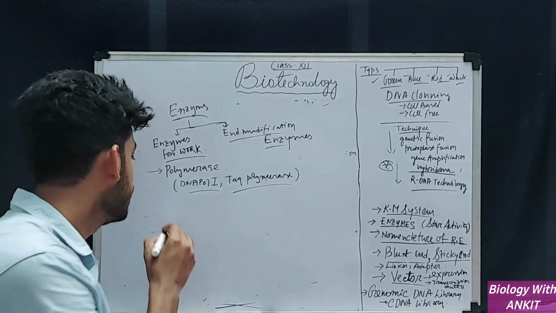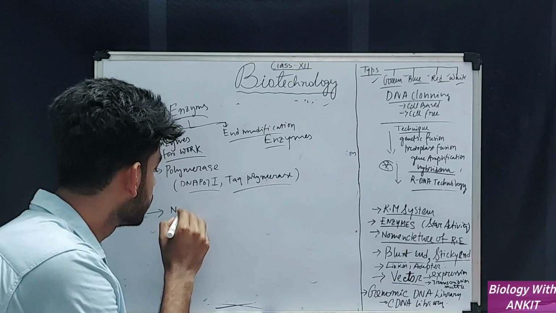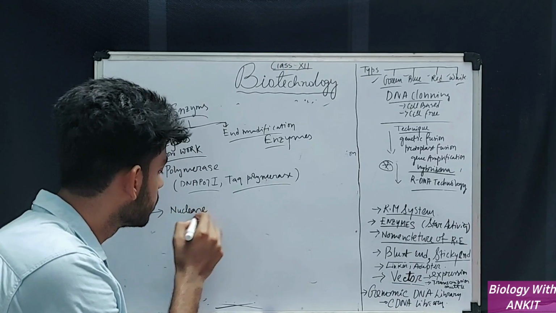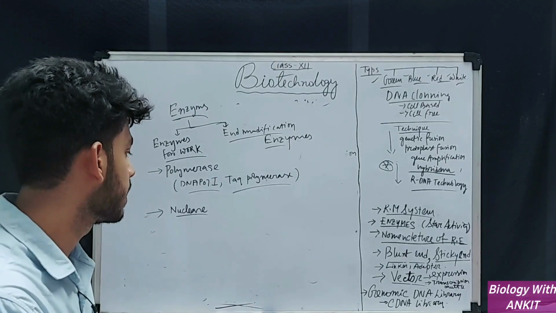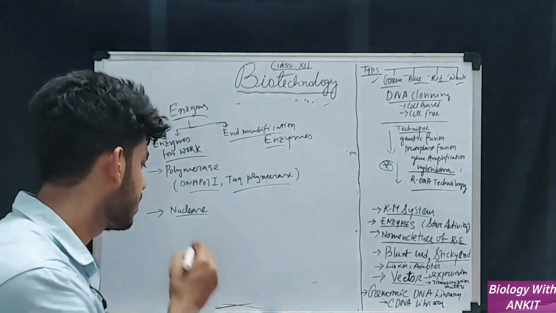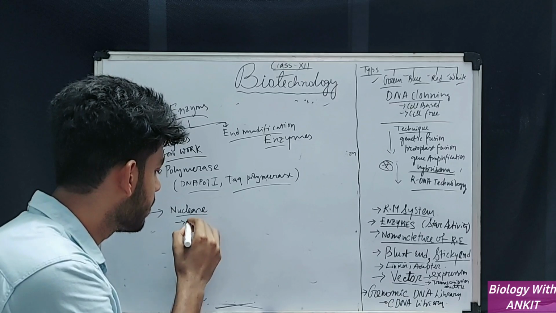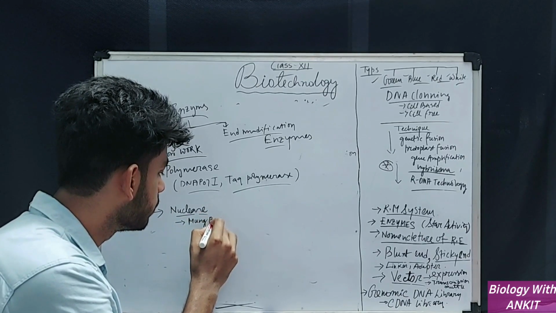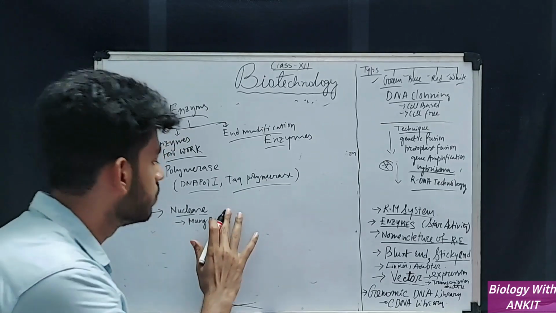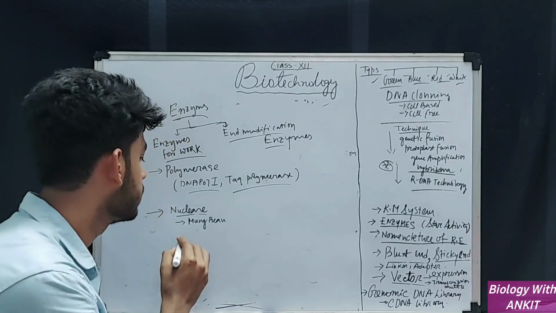Okay. There are some nucleases. Nucleases are the enzymes that can cut a DNA or can degrade a nucleic acid. So there are several types of nuclease, can be Mung-bean, one example.